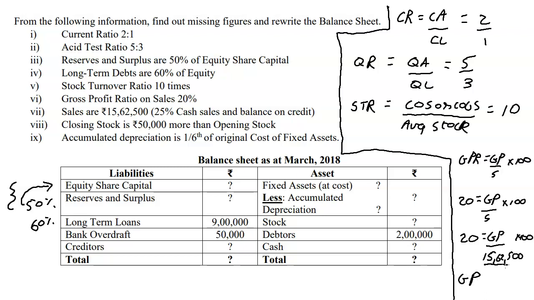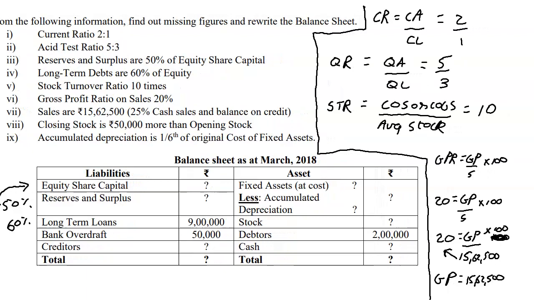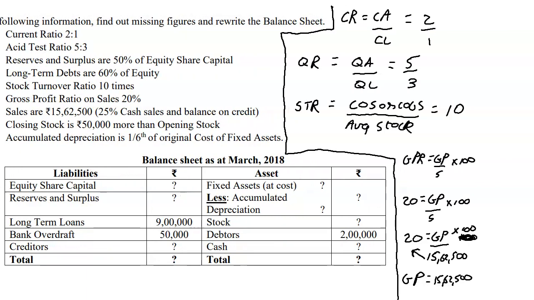This number here is division, goes that side, becomes multiplication. The 100 that you see over here is multiplication, goes down, becomes division. Anyway, so gross profit is equal to 15,62,500 into 20 upon 100.